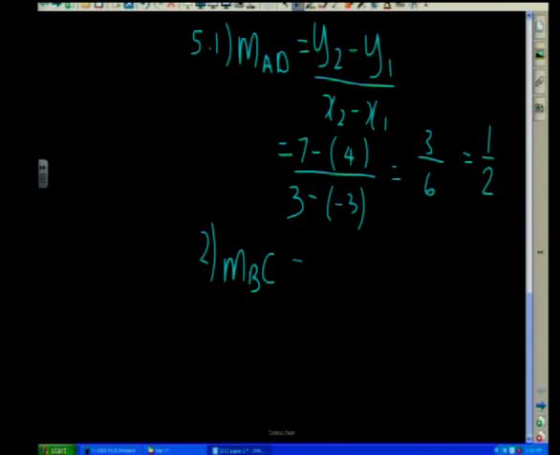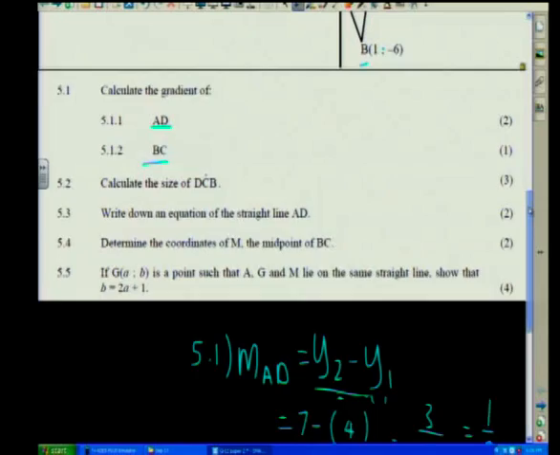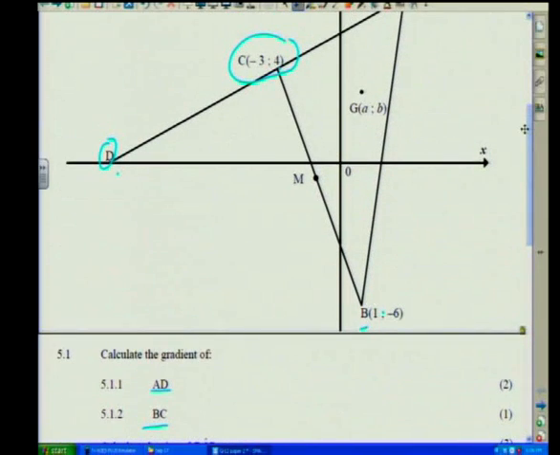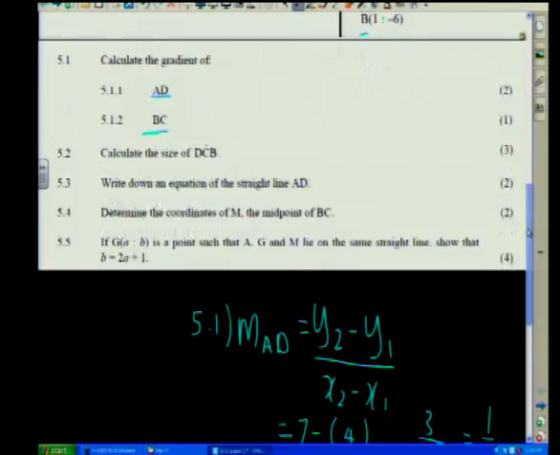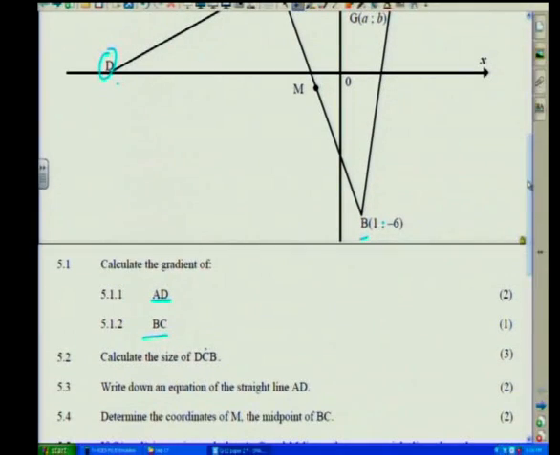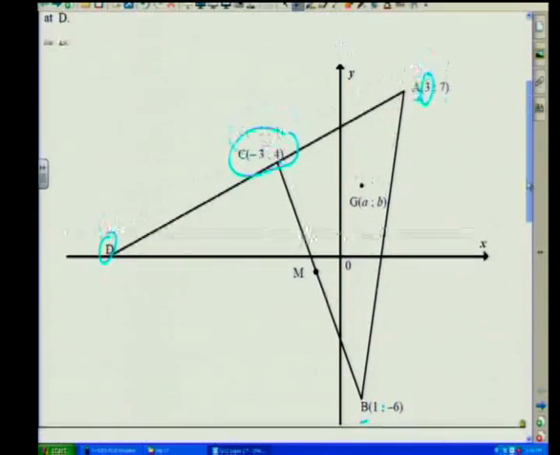It's y2 minus y1 over x2 minus x1. So if I start at point B, I'm going to say minus 6 minus 4 all over 1 minus 3.